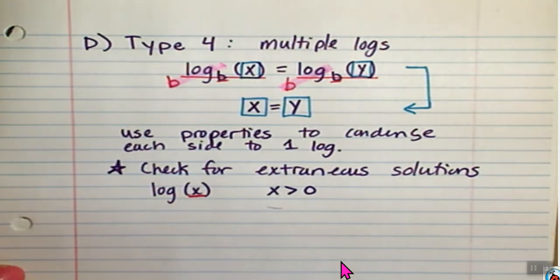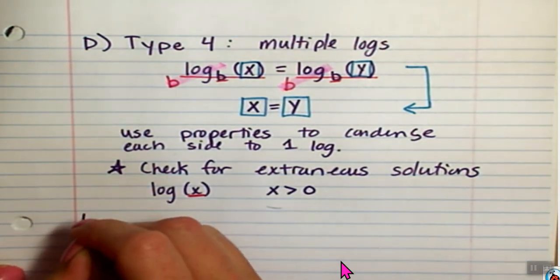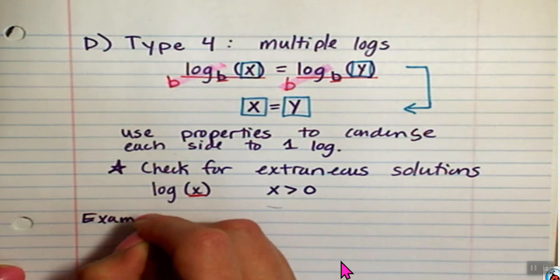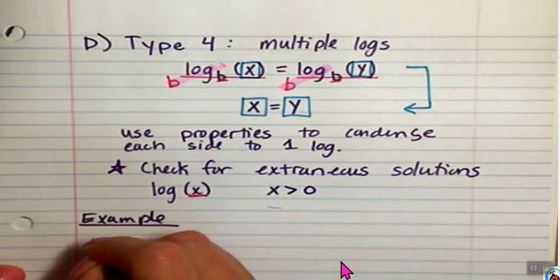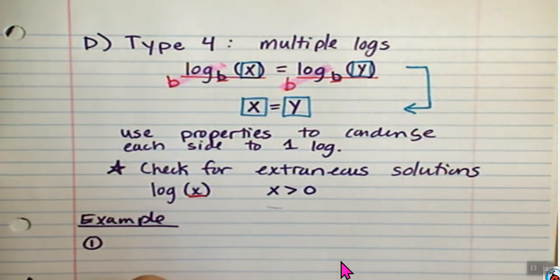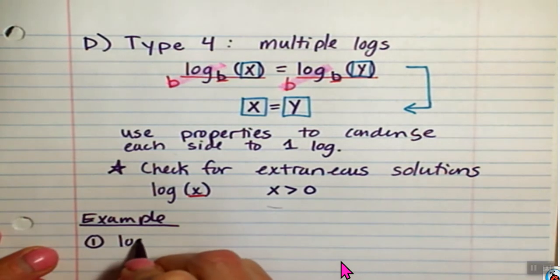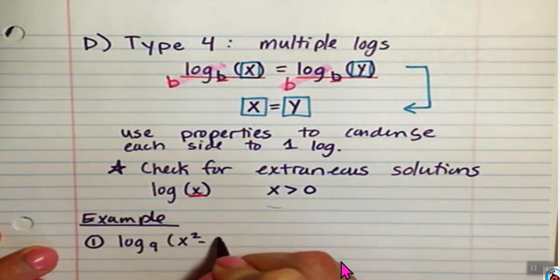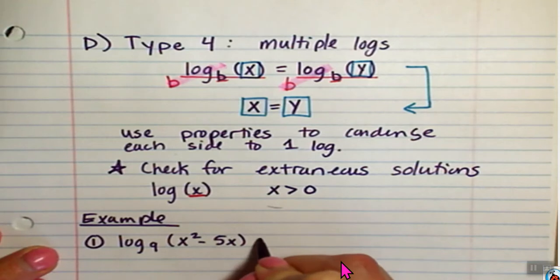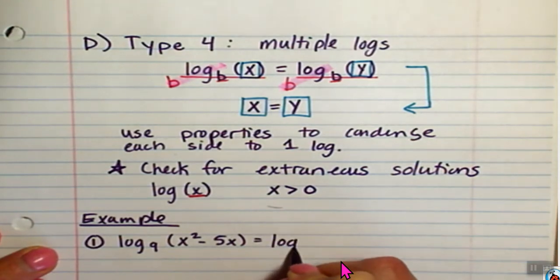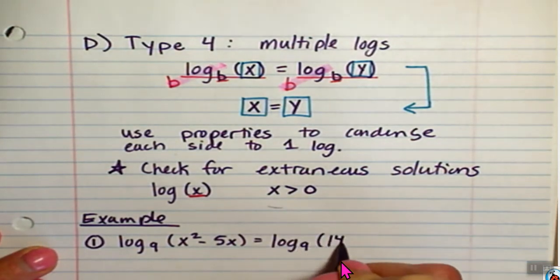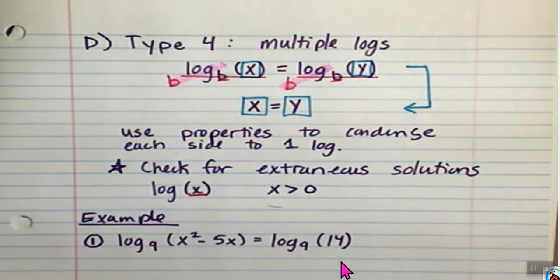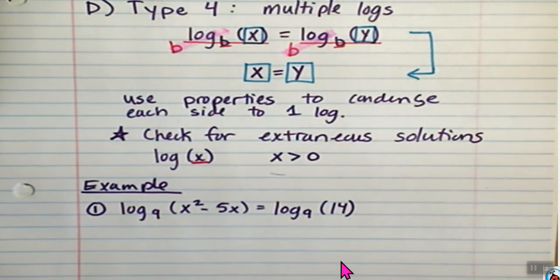Okay, so here we go. Let's do an example. Let's start with log base 9 of x squared minus 5x equals log base 9 of 14. And you're like, oh, okay, Miss T, that seems pretty cool. I'm going to solve.